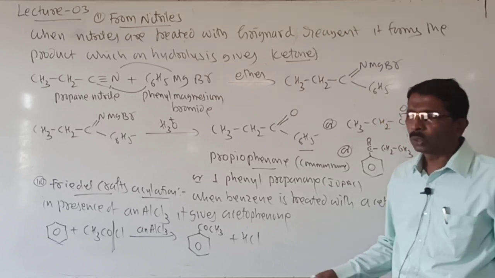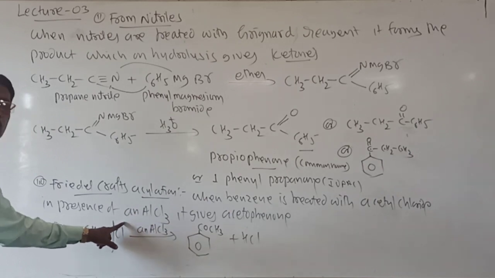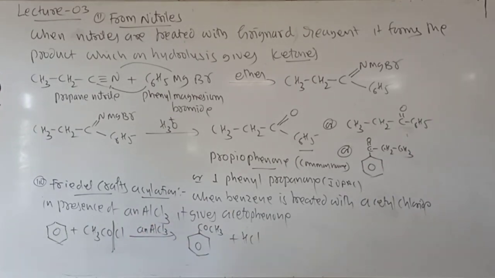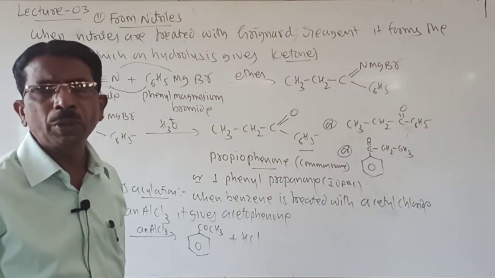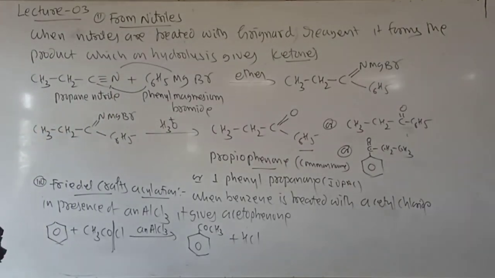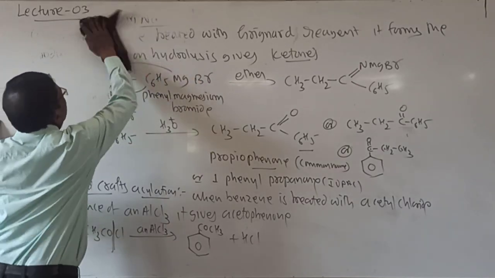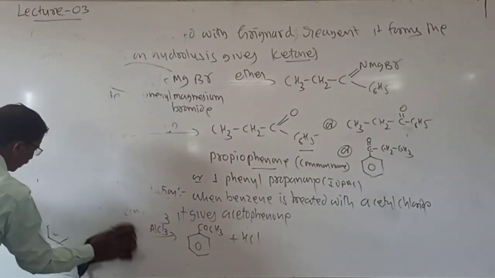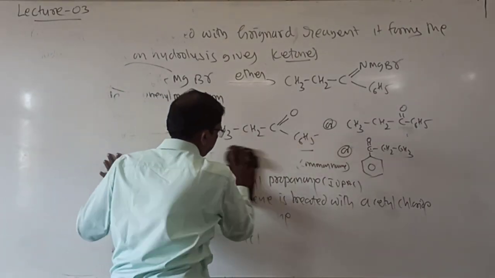All the preparations are over, and it carries a 2 marks question, Friedel-Crafts acylation. Friedel-Crafts alkylation is there, but that is only for toluene. And these are the methods. Then what are the physical properties? So all the preparations are over.